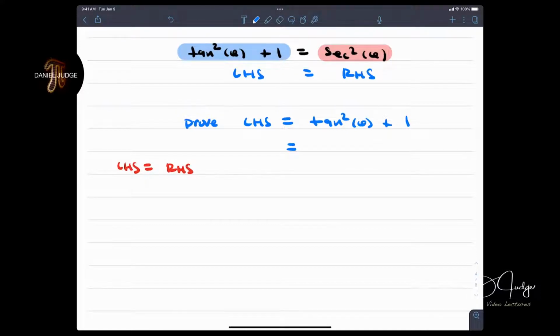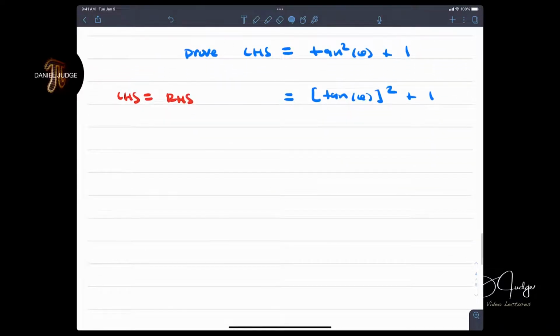Now remember what tangent theta is. Tangent squared theta, ladies and gentlemen, now I'm going to focus on this, is really tangent theta to the second power.